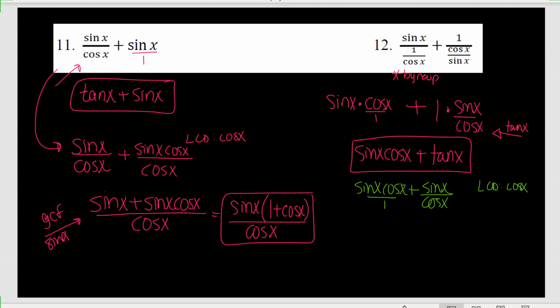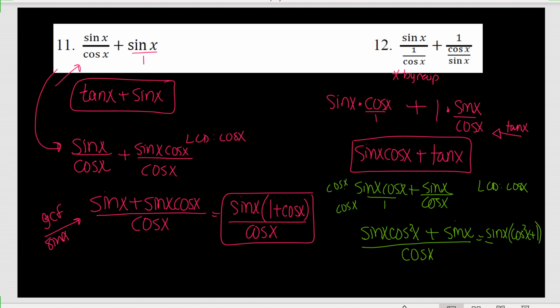So the first fraction would have to be multiplied through by cosine in the numerator and denominator, giving me sine of x cosine squared of x plus the sine of x that's in the other term all over cosine of x. And again, you could factor out that common factor. There is a sine of x that's common, and then I'd have a cosine squared of x plus 1 all over a cosine of x.